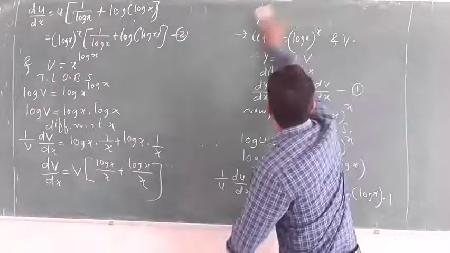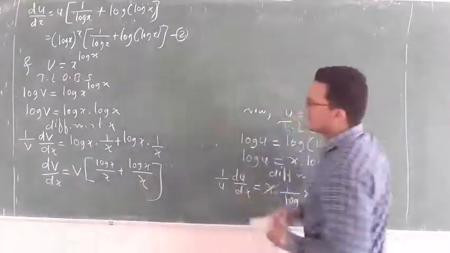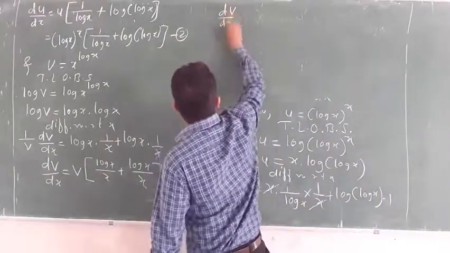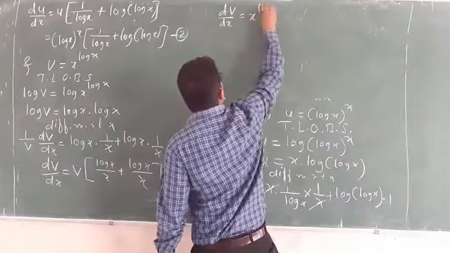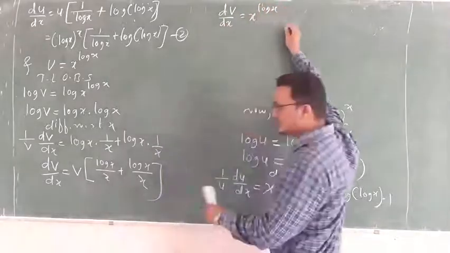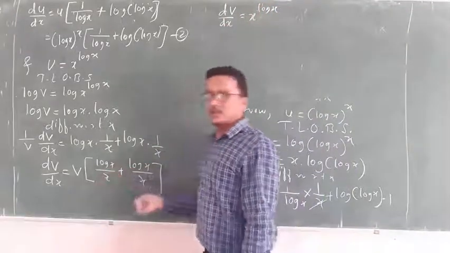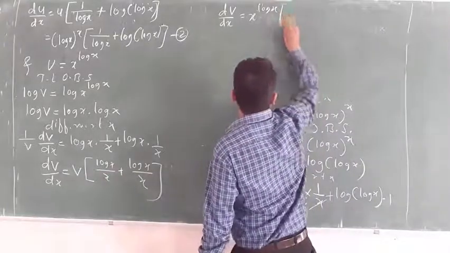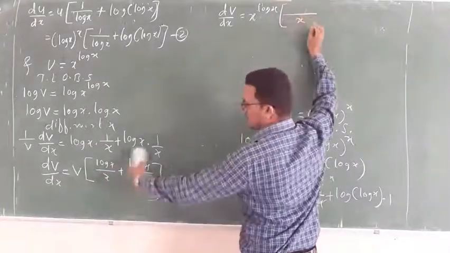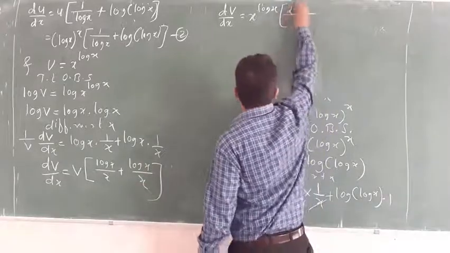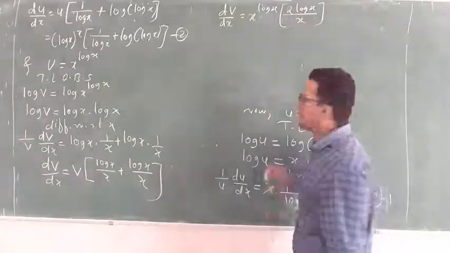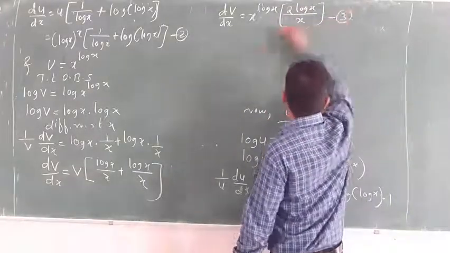So dv by dx is equal to x to the power log x into, if you take the LCM, the LCM here is x. So therefore you add the numerators. Log x plus log x is 2 log x. This is equation 3.